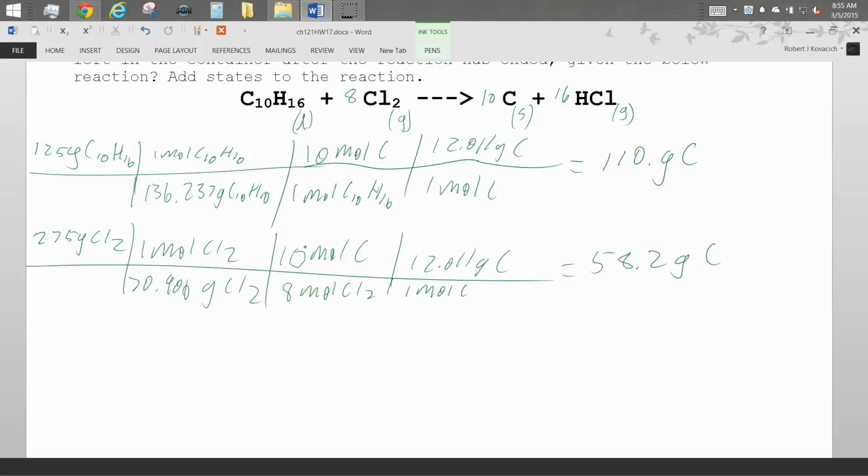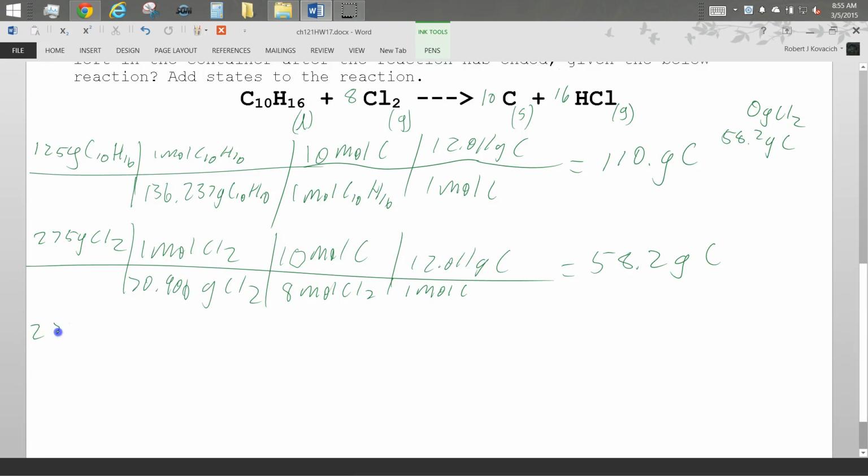So right now what I know is inside this container, there's going to be 0 grams of chlorine gas after the reaction's over. There's going to be 58.2 grams of carbon, and I don't know anything else. So I'm going to have to do another railroad track.